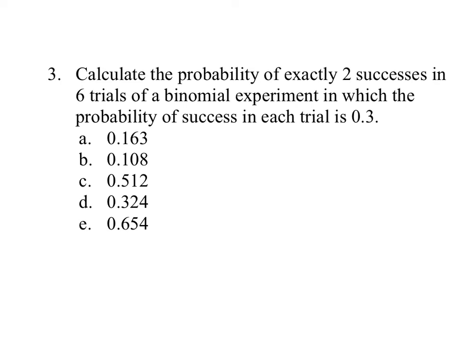Calculate the probability of exactly 2 successes in 6 trials of a binomial experiment. Okay, first off, binomial. So when they say that, it's nCx times p to the x, q to the n minus x.